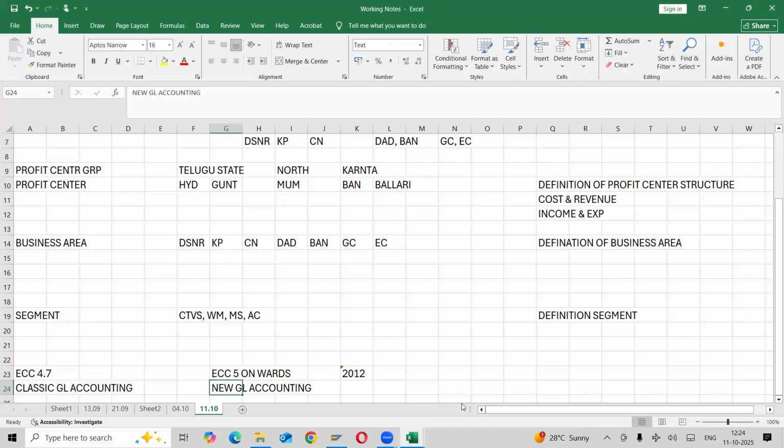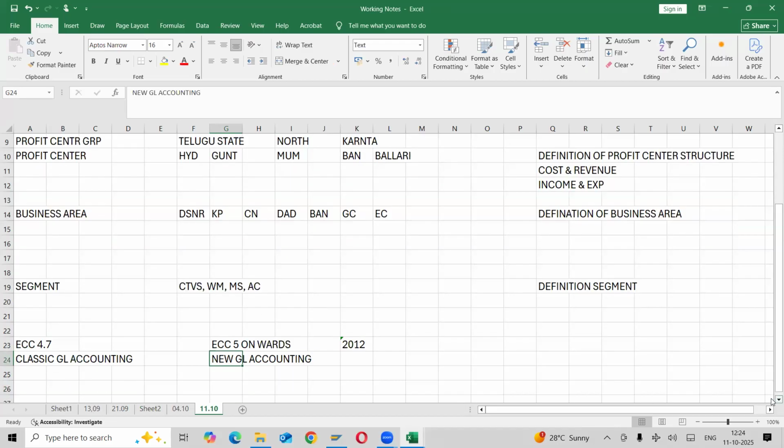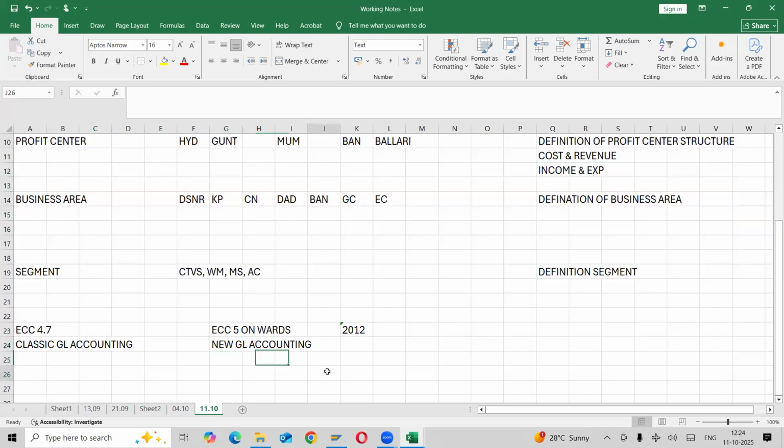The problem here is that training institutes never go with the new GL accounting. They always go with the classic GL accounting. They never go with the new GL accounting, or now they are going. But till 2018, training institutes never used to go with the new GL concept.